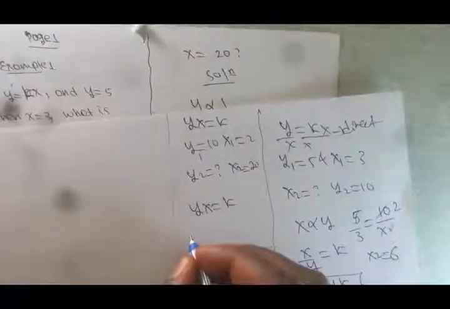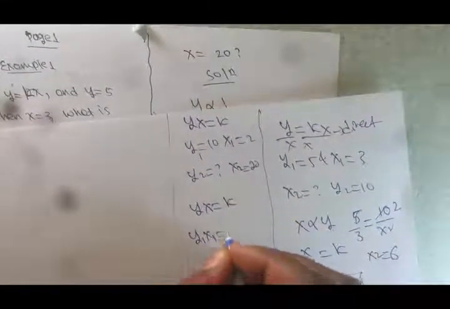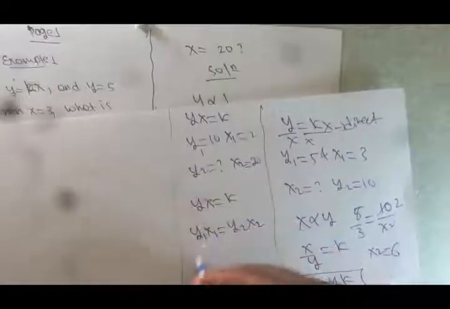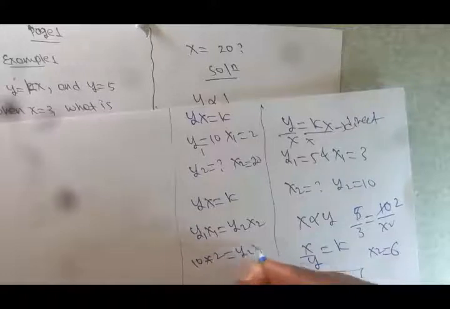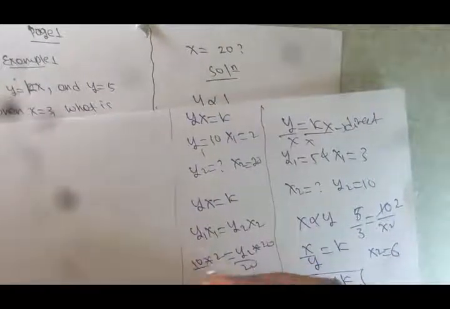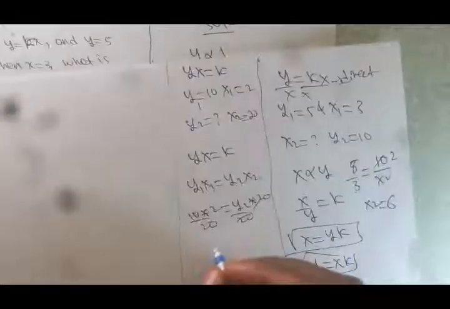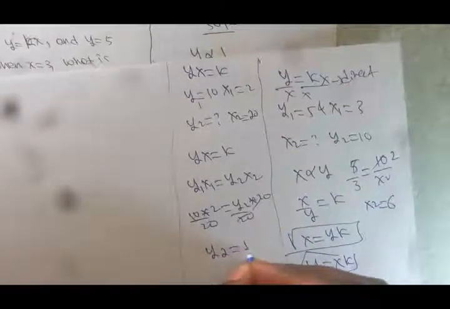We know that yx equals k is inverse proportion. We already proved it. Therefore for two functions, y1 x1 equals y2 x2. Therefore 10 times 2 equals y2 times 20, divided by 20 on both sides. Therefore y2 equals 1.